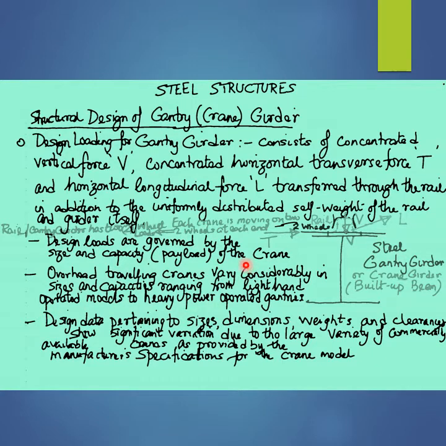For purposes of structural design of the steel gantry or the steel crane girder, for example, the steel gantry or the steel crane girder illustrated as a built-up beam section in this figure, the design is generally based on typical design data for generic models of overhead electric cranes, in the absence of the manufacturer's specifications for the specific model of the overhead electric crane that is to be installed.